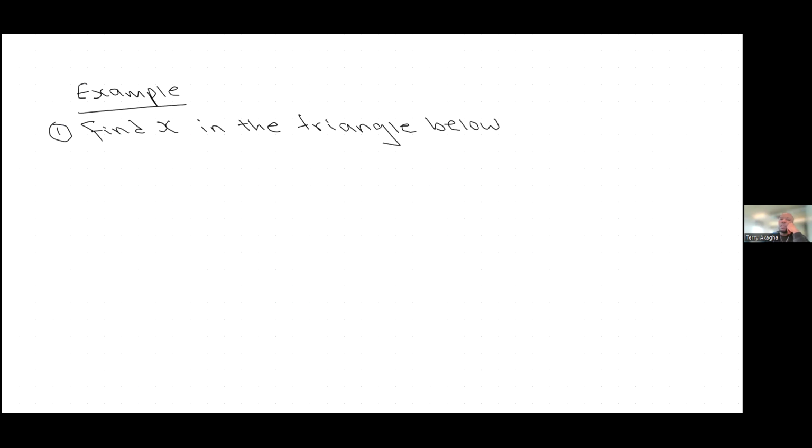We have this triangle, and we're told that this part here is 2 centimeters, and this is 8 centimeters, and we're meant to find x. So that means we're going to apply the Pythagoras theorem here.